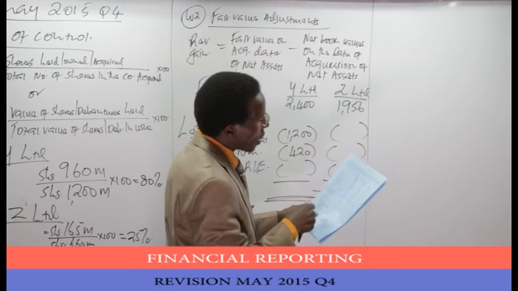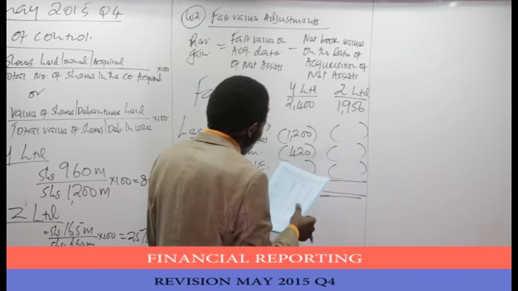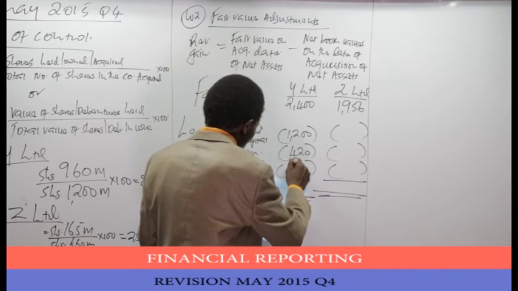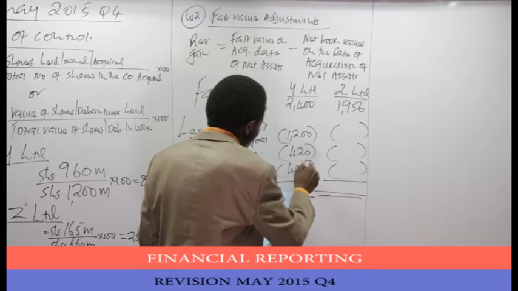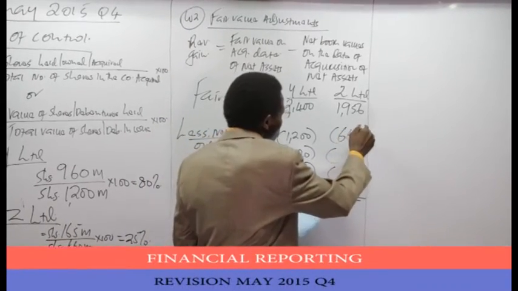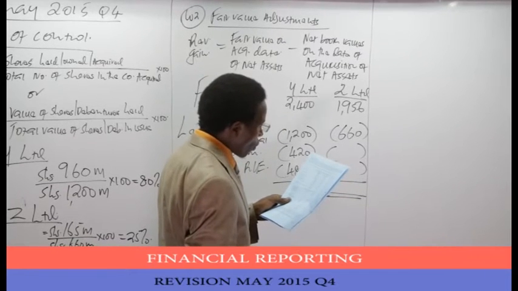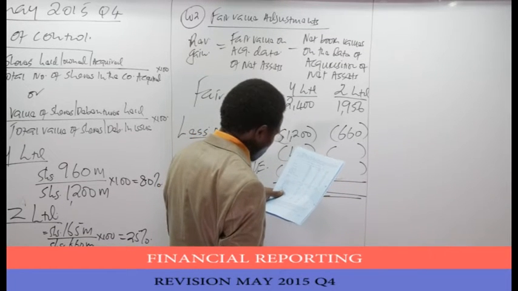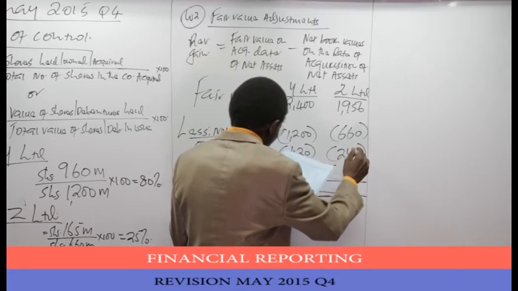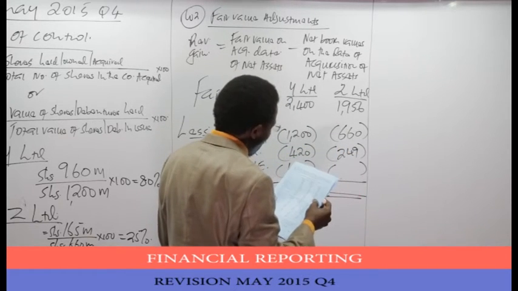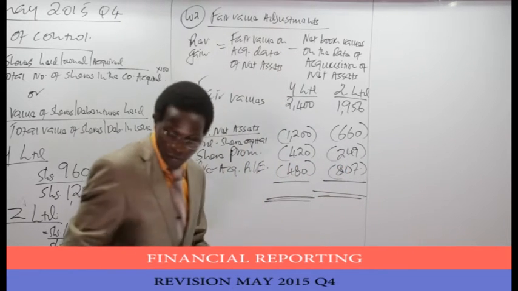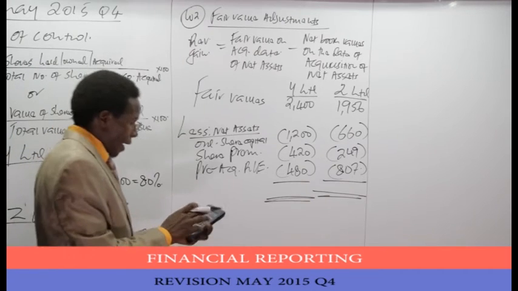Pre-acquisition retained earnings we were given in the first paragraph, that is 480 for Y. The other one is 660, and apart from 660, we have 249. Then we have 807.